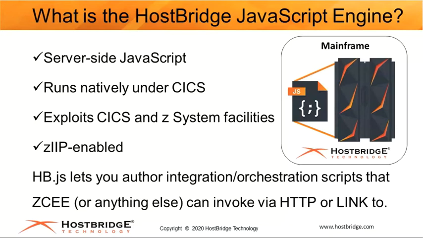And it lets you author any sort of integration or orchestration script, or in the modern language, we might call it a bot. Anything that ZCEE can invoke, we can essentially be that API implementation. And we'll see that in a couple other diagrams. So everything we're describing on all of these slides is occurring on platform.